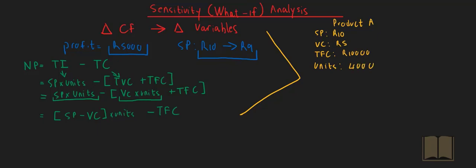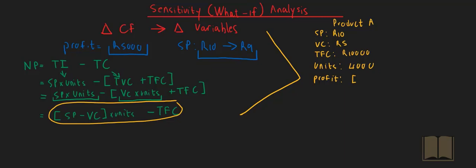We are now in a position to work out the profit of product A. Now, coming back to this formula, we'll work out the profit as follows. The selling price is 10 Rand, the variable cost is 5 Rand, the number of units sold is 4,000, and the total fixed cost is 10,000 Rand.